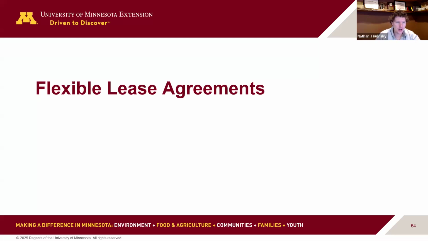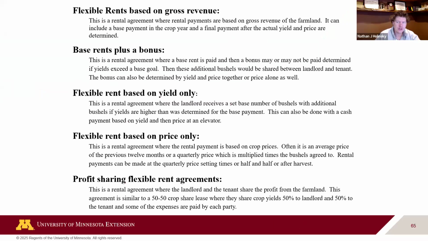Another option here is a flexible lease agreement. And we can see here there's multiple ways to flex the lease agreement. The idea behind a flexible lease is that the final payment a farmer pays the landowner is not known until harvest time. So that final payment will go up or down if price or yield are above or below average.